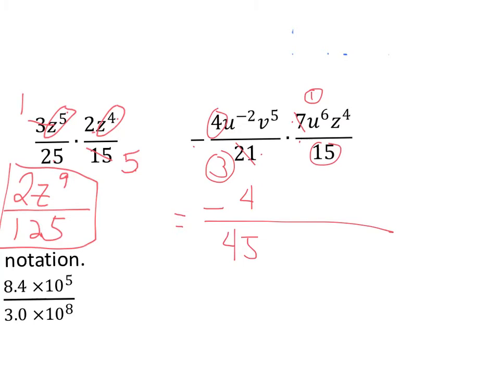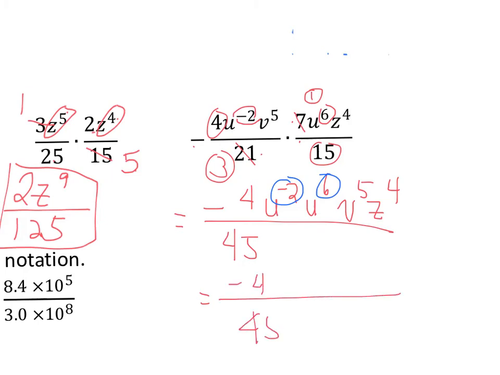And now let's take care of our variables. So you got u to the negative 2 power times u to the 6th power. I'm going to put that together. Okay, I'm going to write an extra step so you can see my process. And v to the 5th power, z to the 4th power. Okay, so negative 2 plus 6, we get 4, positive 4.